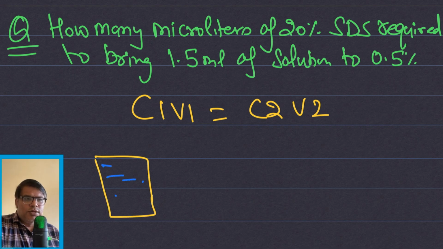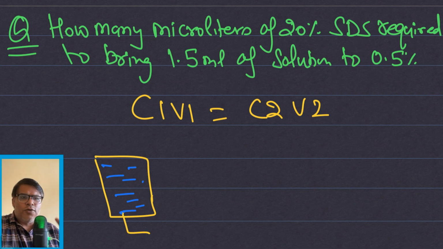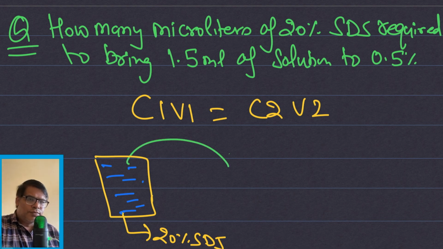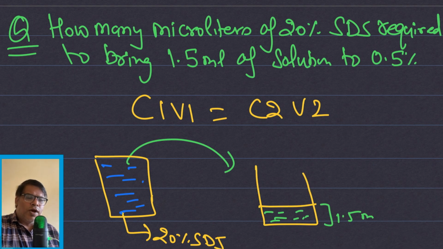In this question, you have a stock of 20% SDS, sodium dodecyl sulfate, a detergent. From this you are taking out some amount, and now you are adding this to 1.5 ml solution. So there is another solution.